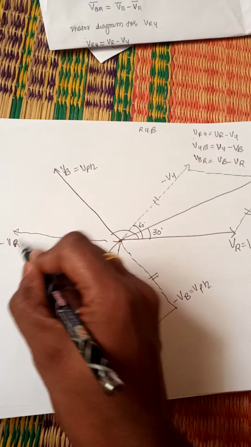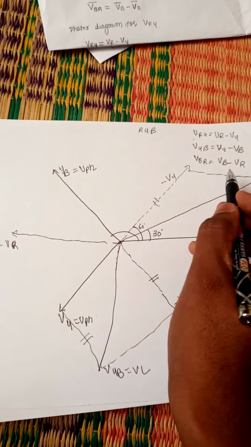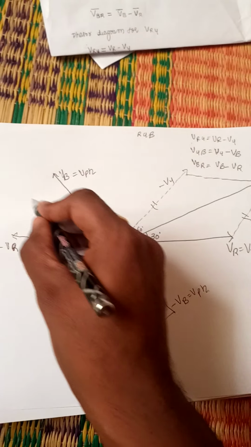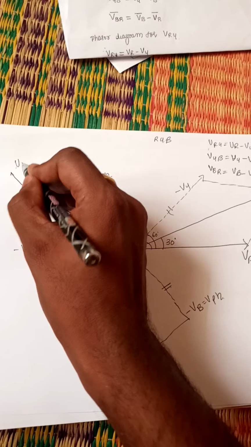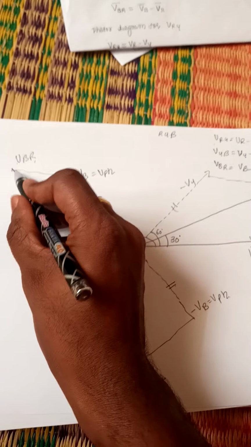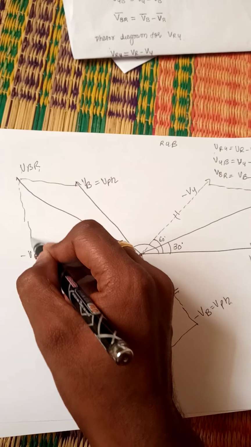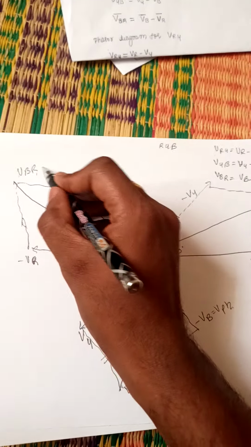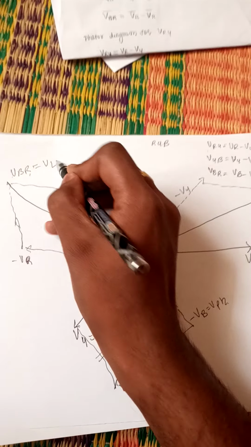So minus VR plus VB equals VBR. The resultant of these two vectors is nothing but VBR. So you join these by the law of parallelogram. This VBR is nothing but VL.